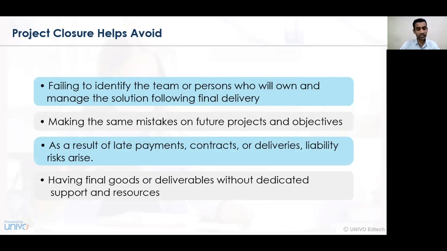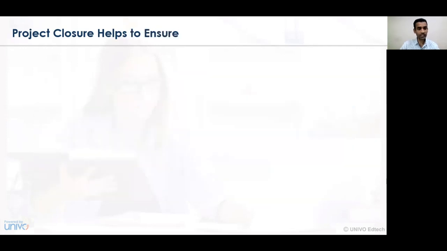And lastly, finalization of the goods or deliverables without dedicated support and resources. For those considerations, one has to come to a conclusion about how those resources and activities can be complied with, and see that those resources are utilized in a very effective way, and after that the order needs to be completed in the specified time period.